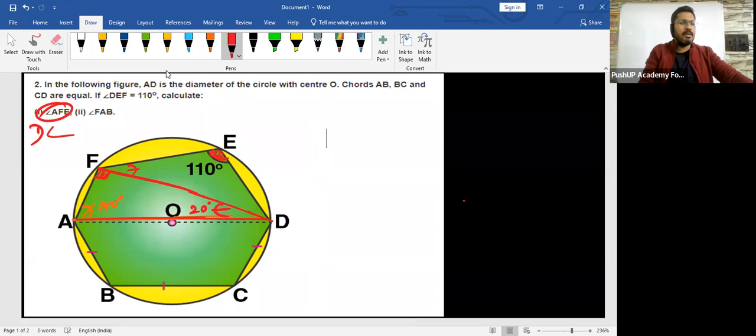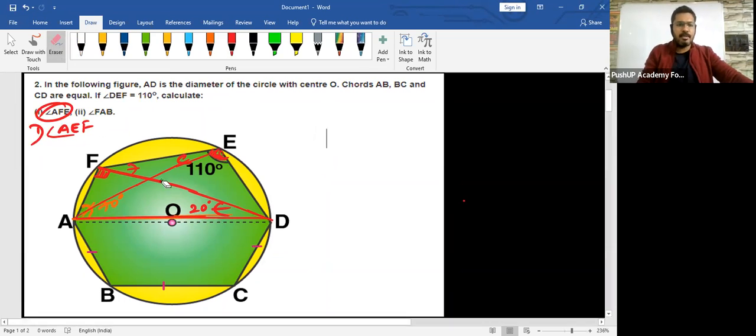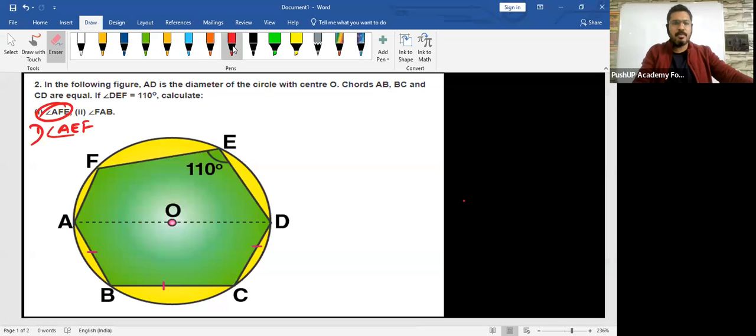We have to find what? Oh, AEF we have to find. So AEF is this. This angle we have to find, no? So, wait a minute. We'll redo it, children. So for me, it was wrong. Okay. Anyways, AEF is what we have to find.